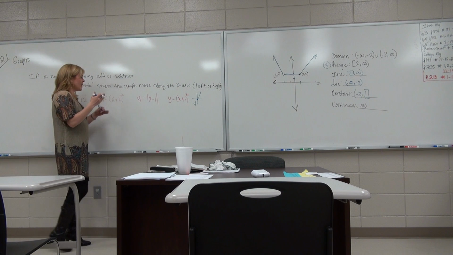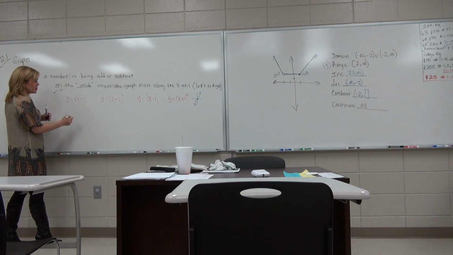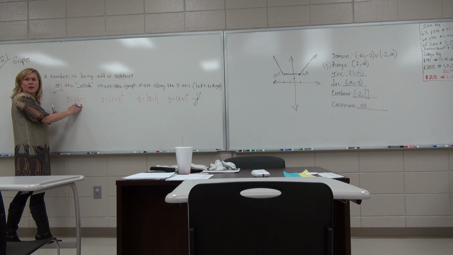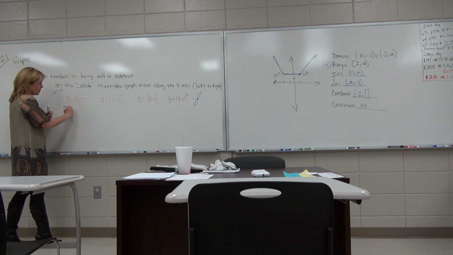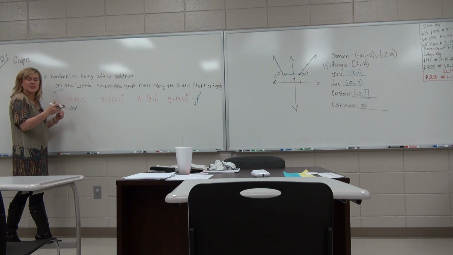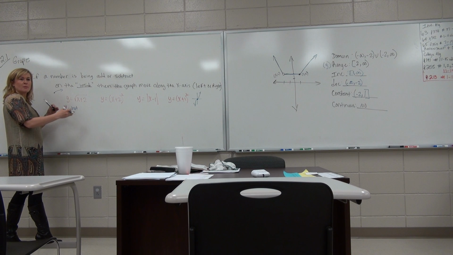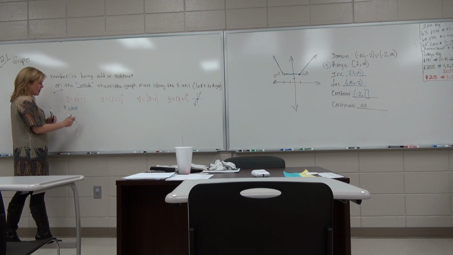So on all of these, when you're thinking about which way it's going to move, you ask yourself, what number would make it 0? Because all of the basic ones happen at 0. So when you start to move them, it's going to be, what number would make the inside 0?